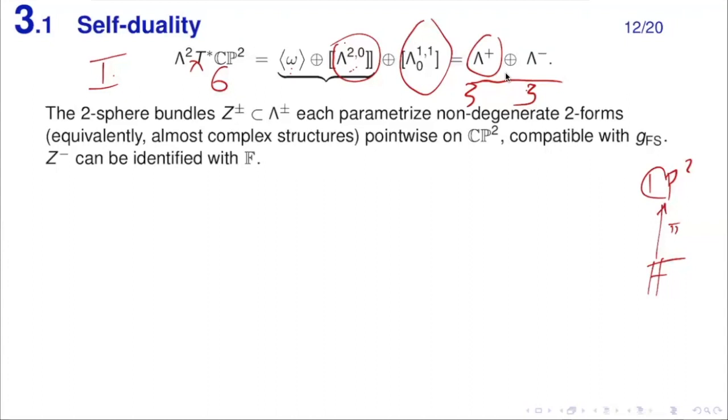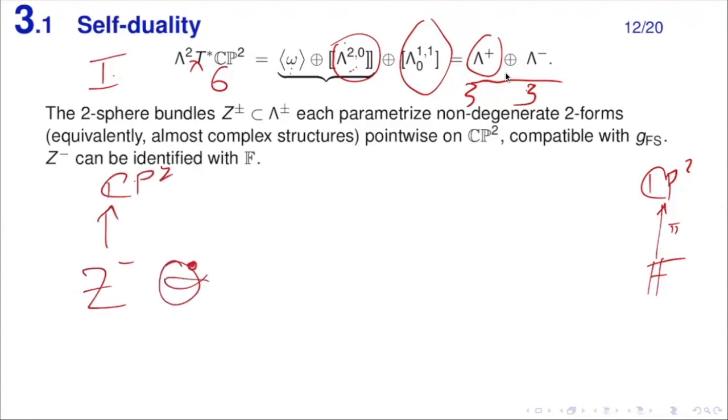And each of these really, if you take a point, for example, if you take a unit anti-self dual 2 form, that defines an almost complex structure on the base, in this case CP2. So each point of this bundle, I'm talking about Z minus here, which fibers, I'm doing the fibration the other way here, I'm talking about Z minus, which fibers over CP2, and each point of Z minus, this is a 2-sphere bundle, the fiber is a 2-sphere.